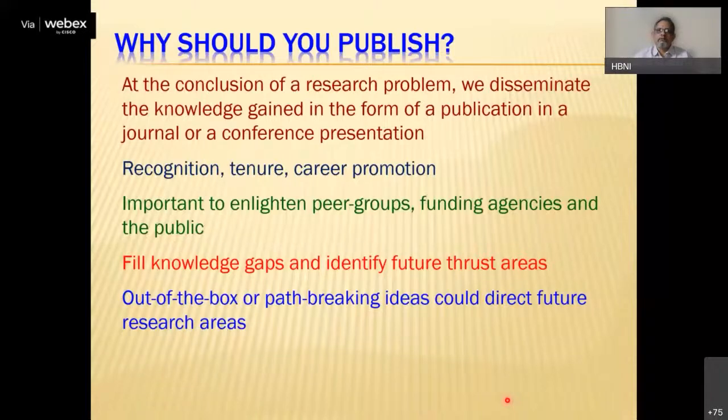But there's also another part, that is the importance of enlightening peer groups, funding agencies, and the public, filling of knowledge gaps, and identifying future thrust areas, and so on. So what does this mean?